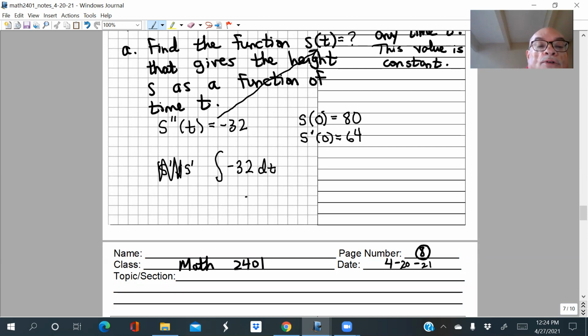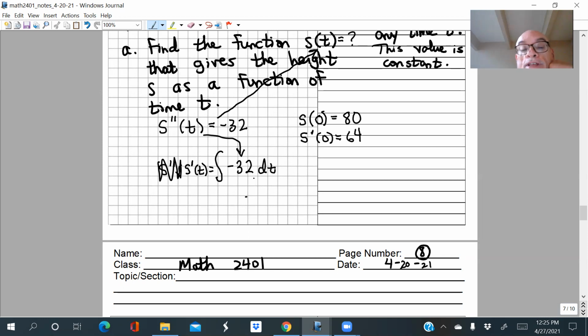See, when you take the second derivative and integrate it, you're going to get the first derivative back. Now, once we've done this and found the first derivative, then we can integrate that to find the original function, right? Okay.